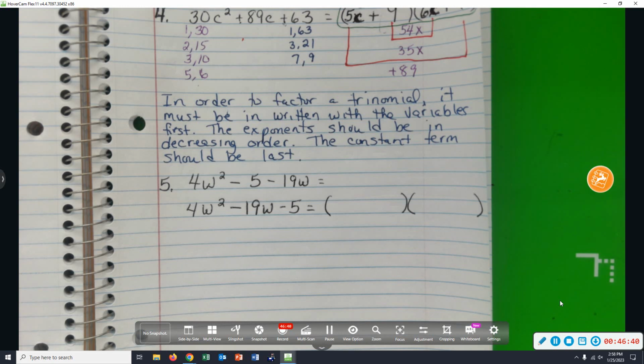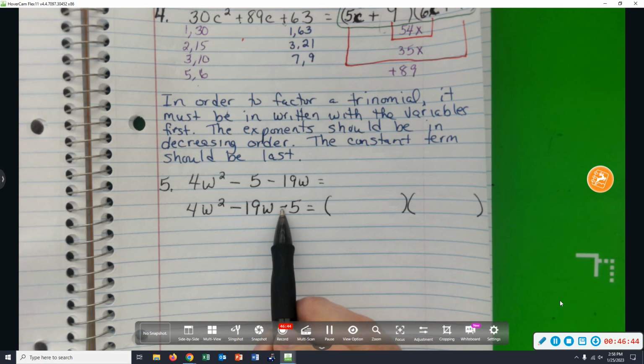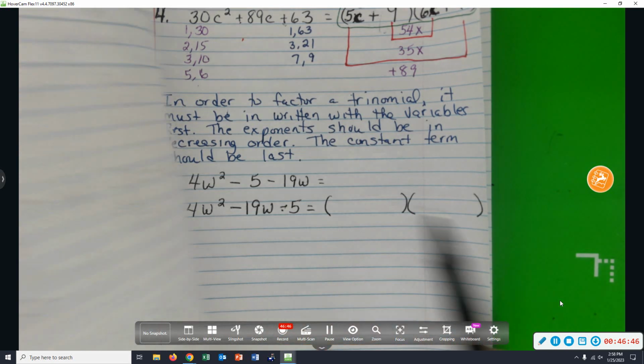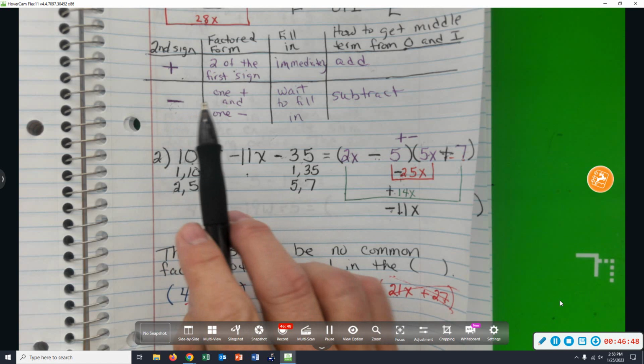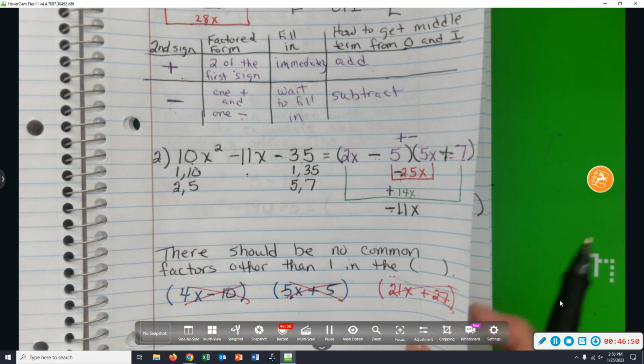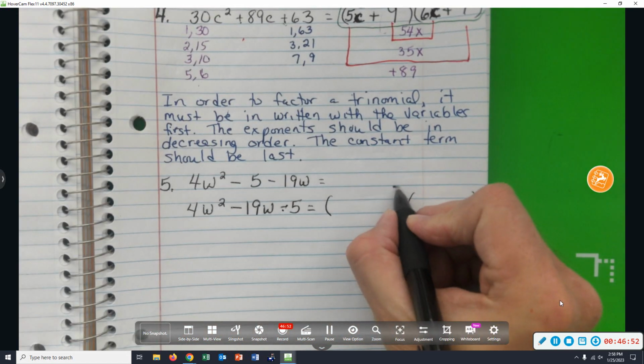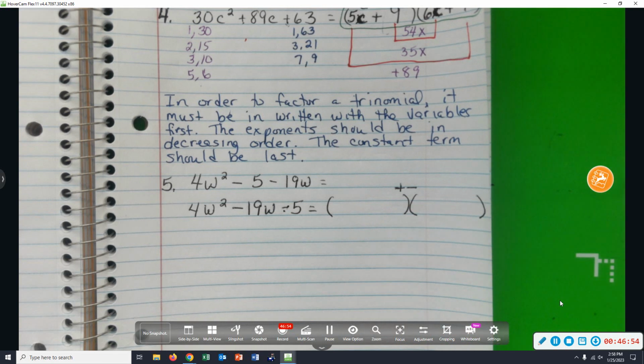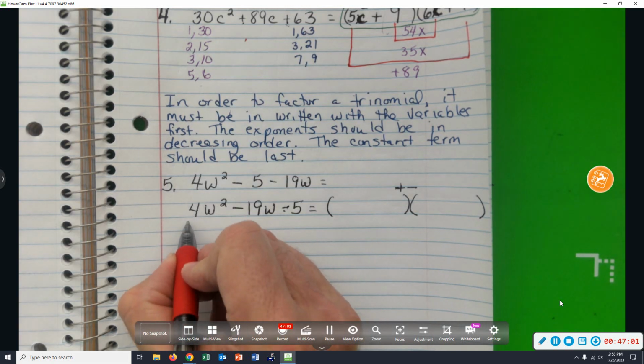Okay, let's see. What about the signs in here? The second sign is minus, so we've got to wait. I'm just going to put a plus minus right up there. I'll have to wait to fill it in. Now, numbers that multiply together to give 4.